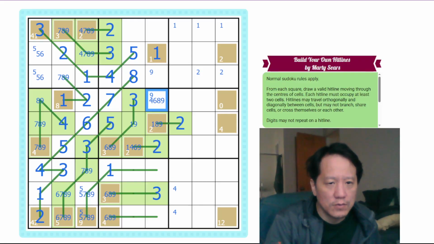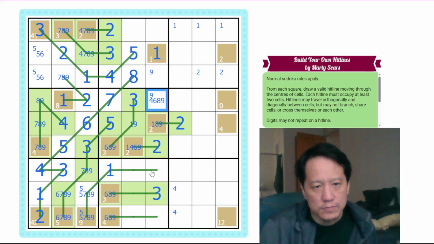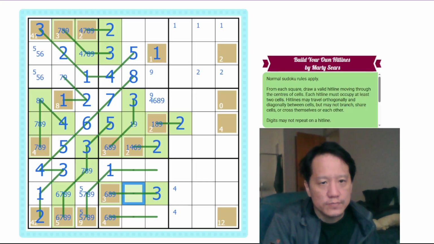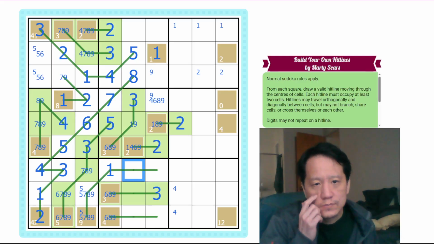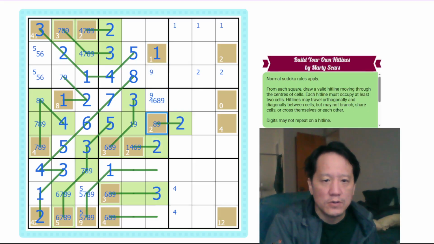Okay. This 8 eliminates 8 here. This is a 9, so this 1 eliminates 1 here.